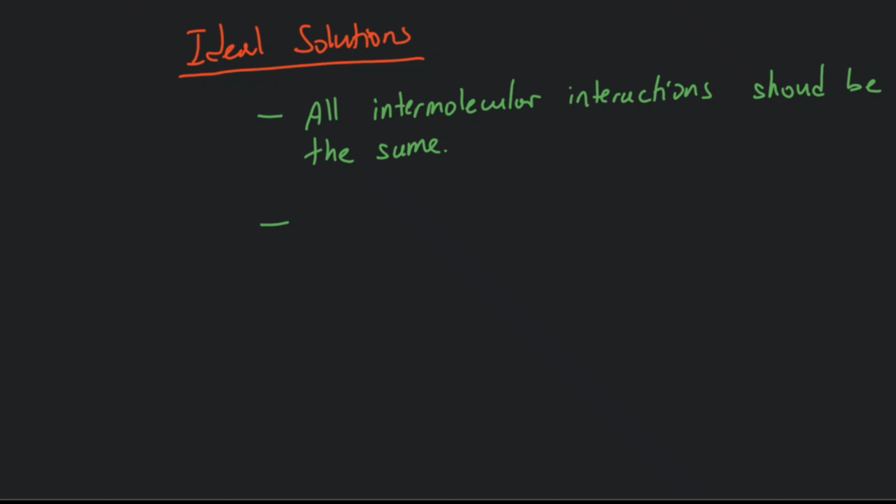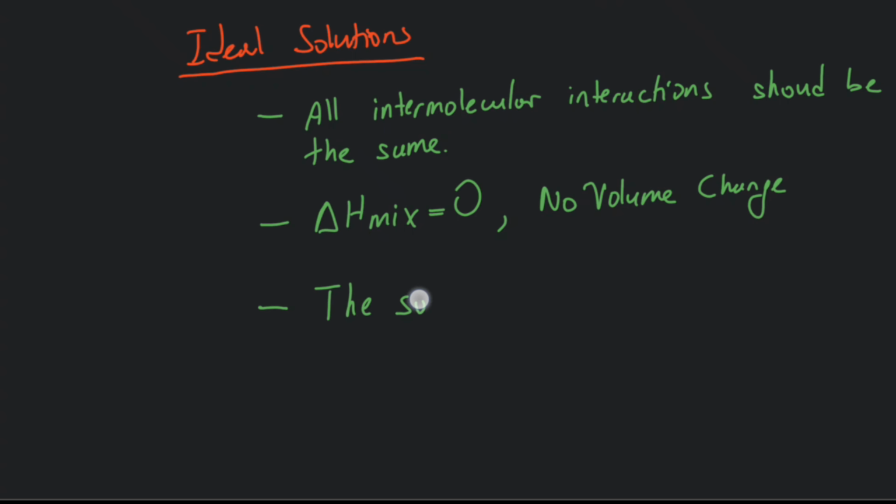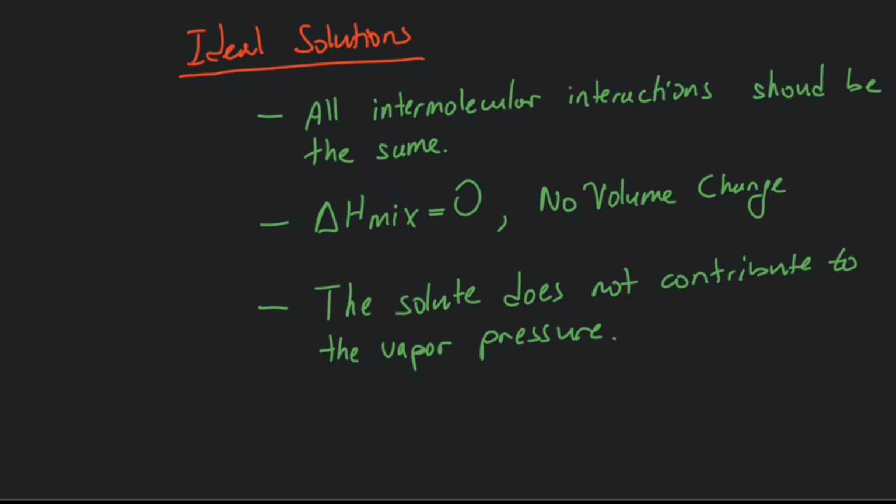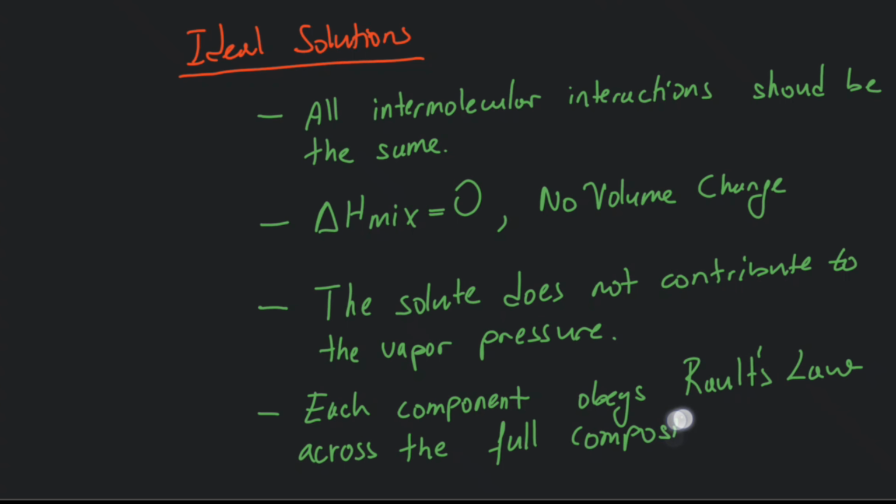Secondly, no volume change or heat change occurs when mixing, so there is no volume change, by the way, and delta H mix should be equal to 0. The other thing is that the solute does not contribute to the vapor pressure, and each component obeys Raoult's law across the full composition range.